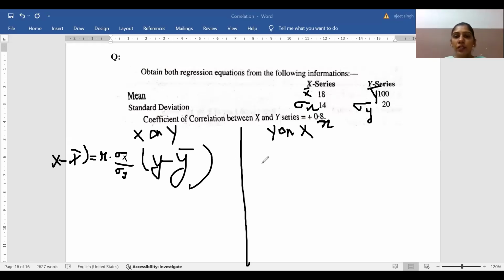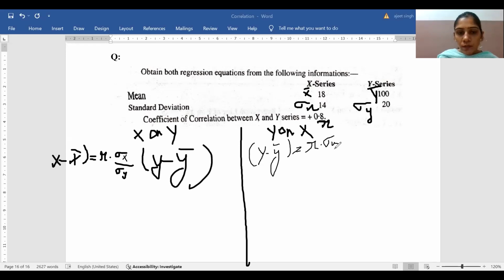And the regression equation for y on x is y minus y bar is equal to r into standard deviation of y divided by standard deviation of x, times x minus x bar.